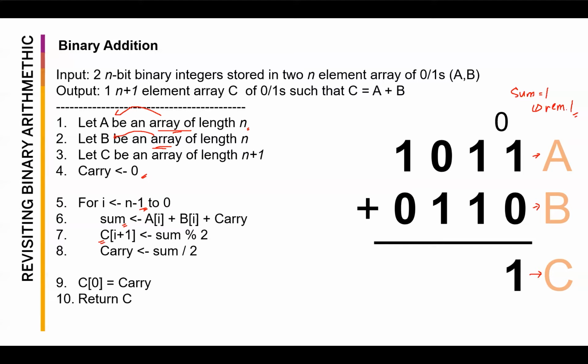Line 8 says that our carry is now equivalent to sum divided by 2, which is 1 divided by 2, integer division. That means it's 0. So our carry for the next iteration is equal to 0. Does that make sense, lines 7 and 8?